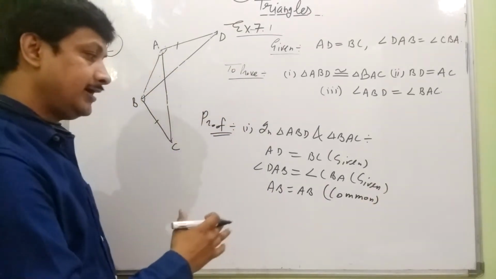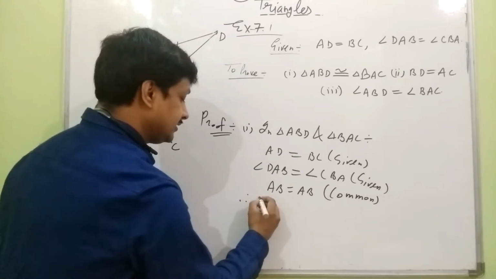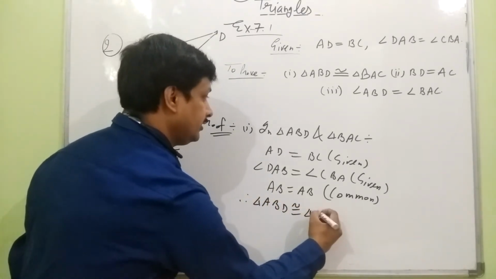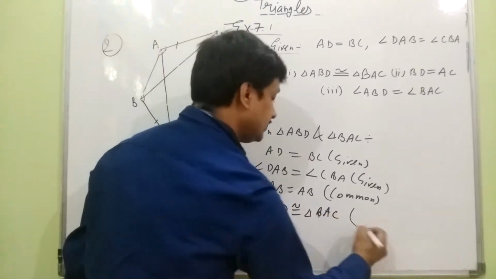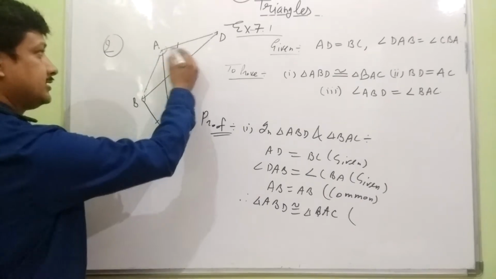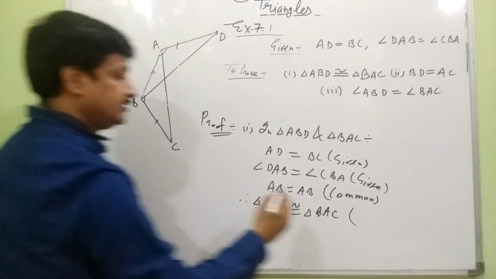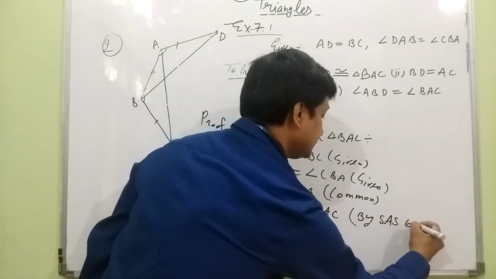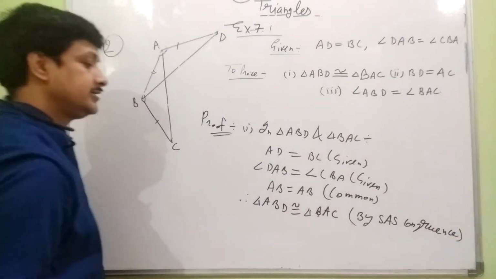You have to write the appropriate reasons also. So we can say triangle ABD is congruent to triangle BAC. Which congruency is this? Side, angle, and side. So it is by SAS congruence rule.